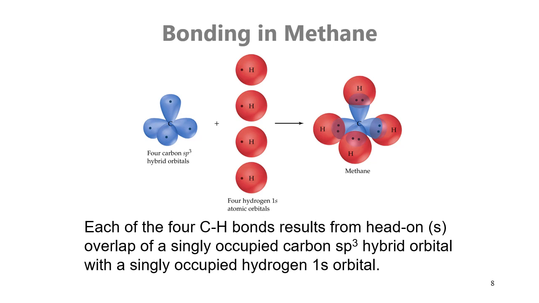To see it more clearly, let's look at the sp3 orbital for the carbon atom here. The blue loops show the overlapping of the C-H bond head-on with the singly occupied hydrogen 1s orbital.